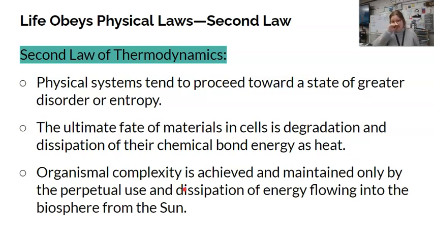Organismal complexity is achieved and maintained only by the perpetual use and dissipation of energy flowing into the biosphere from the sun. So us being able to get energy from our food, use it to move, and then releasing that as heat, that is a really concentrated and solid form of energy. And then when we release it as heat, that's more of a disordered energy because we can't really use that for much.